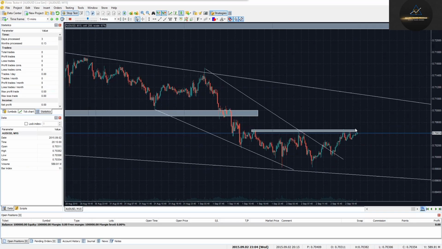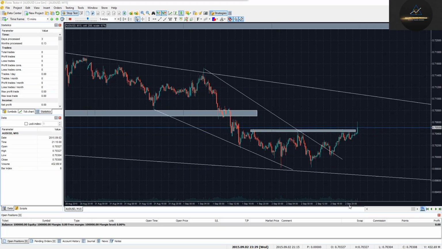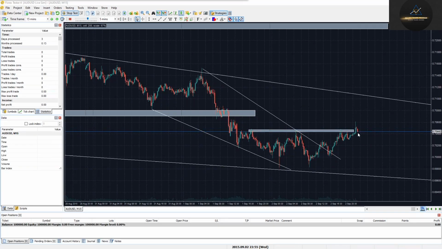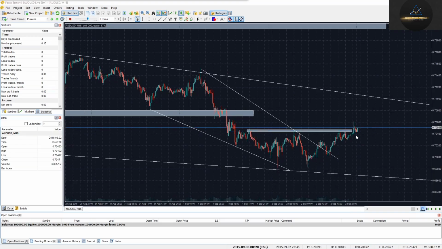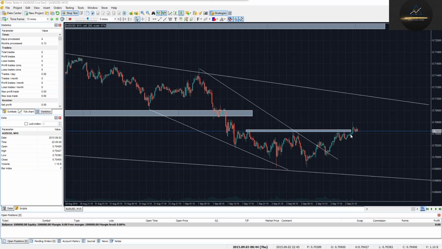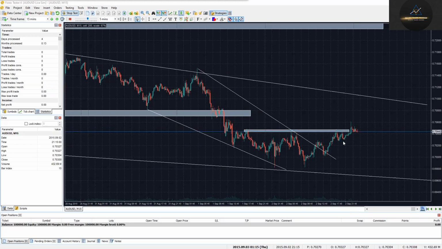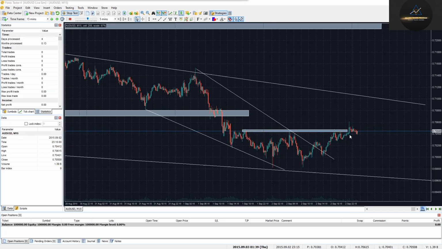Yeah, these equal highs are holding. All right, so it's not the strongest of breaks.